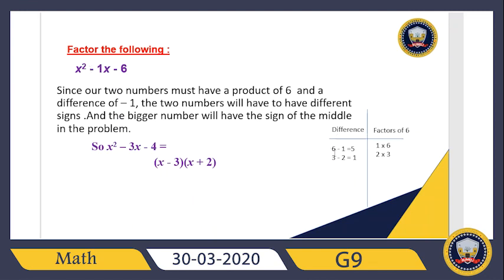The bigger number of these two numbers will take the sign of the middle number. هي نيجاتيف يبقى 3 هي اللي هتاخد النيجاتيف والتانية هتاخد البوزيتيف.